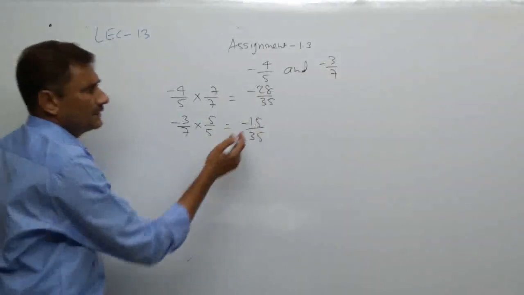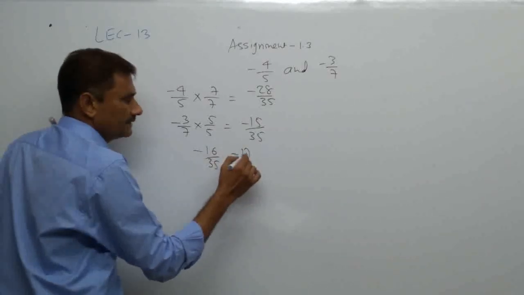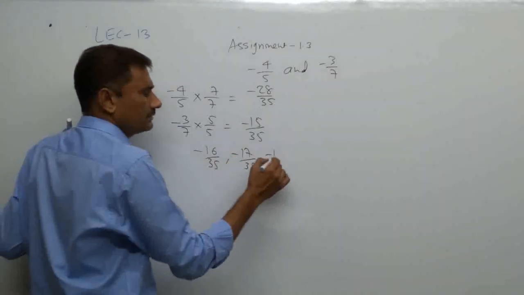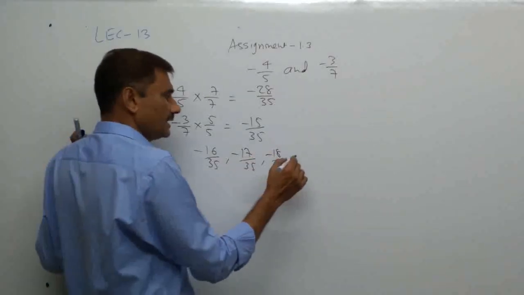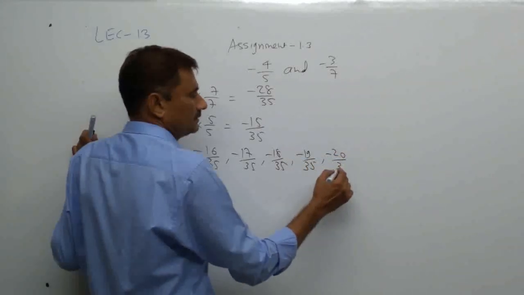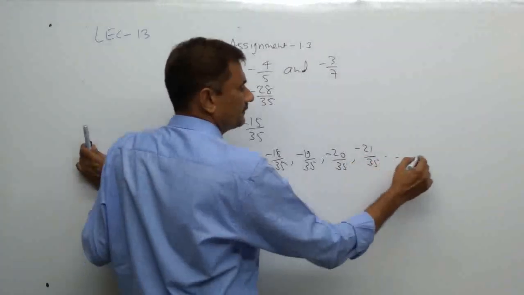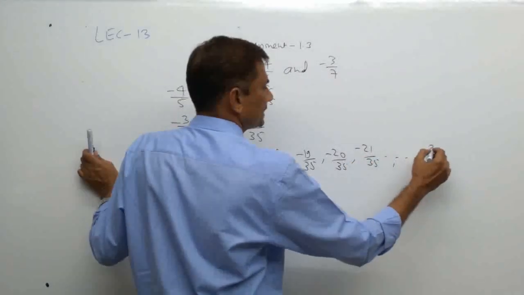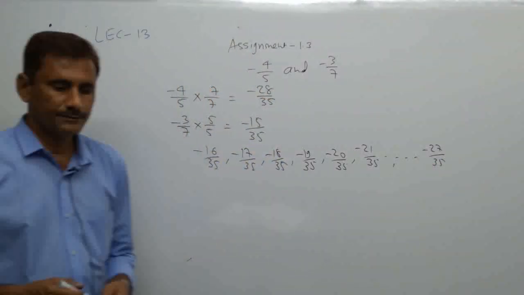So many numbers you will have. It will be minus 16 upon 35, minus 17 upon 35. No need to write all here, but I am writing because of what they are telling, just see here. Same way up to minus 27 upon 35. So now look, which is the answer?